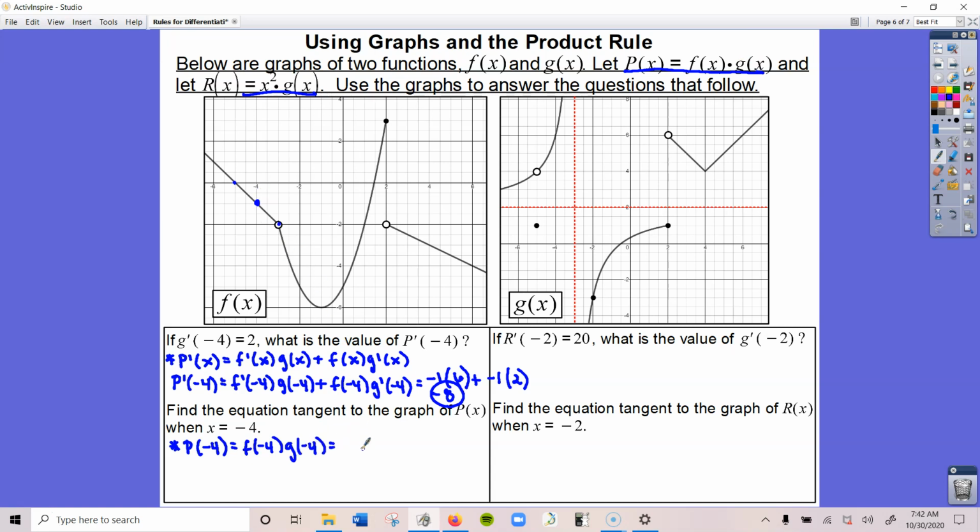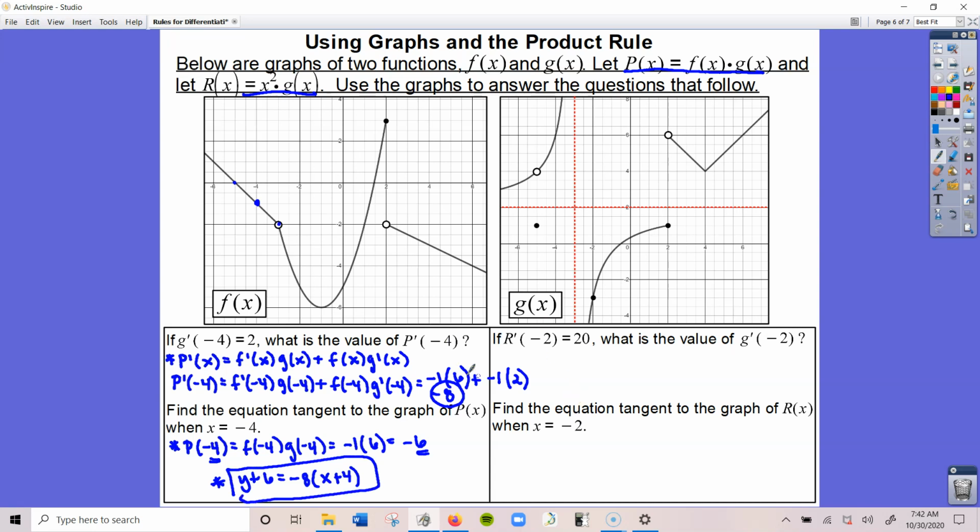F of negative 4, as we already saw, was negative 1, and g of negative 4 was 6. So my point of tangency is negative 4, negative 6. So now I'm ready to write my equation. Y minus negative 6, so plus 6, is equal to my slope, negative 8, times x minus negative 4, so plus 4. And this would be my equation.